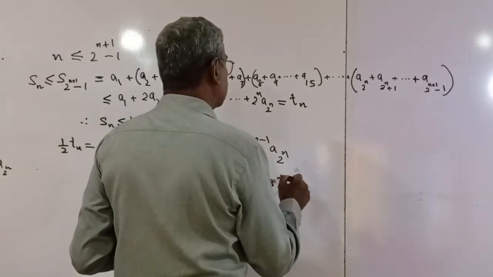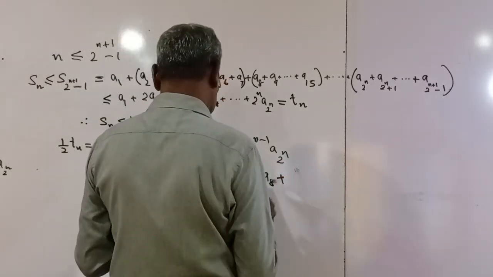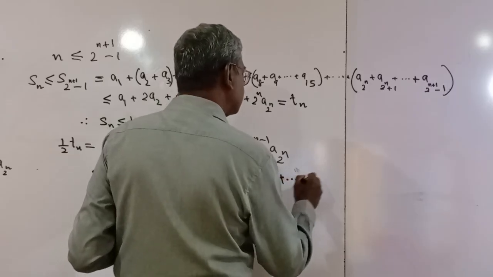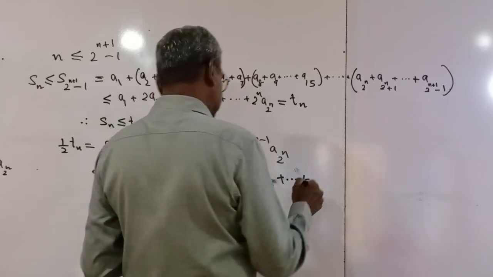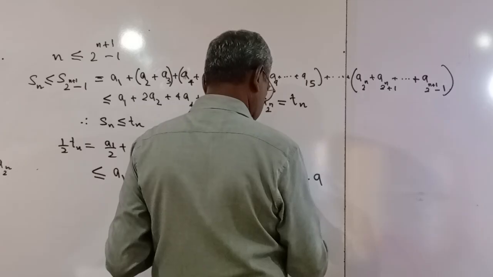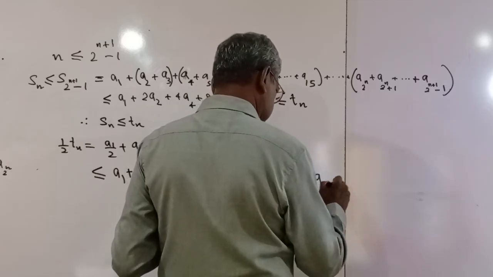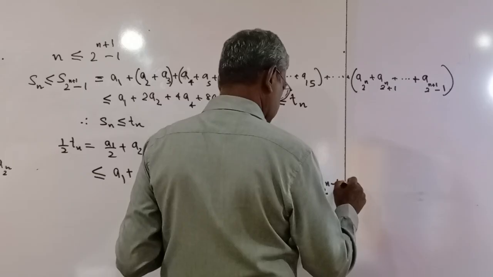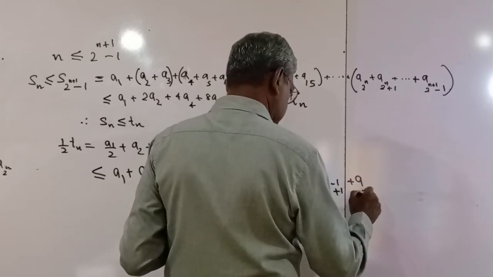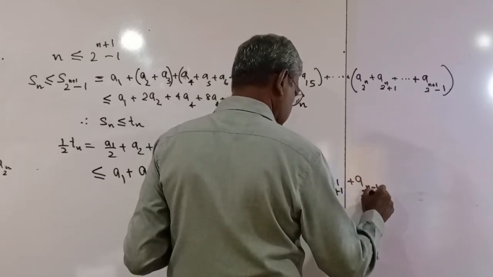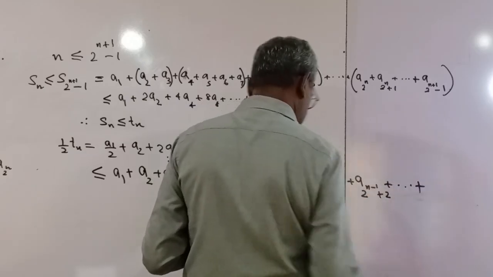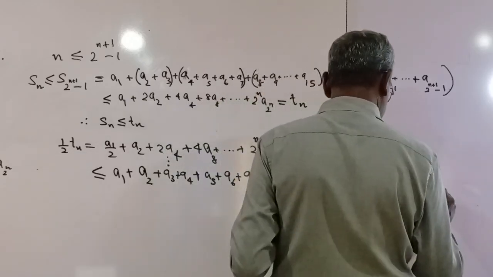Plus here you begin from A2 to the n minus 1 plus 1, A2 to the n minus 1 plus 2, bingo, plus A2 to the n.